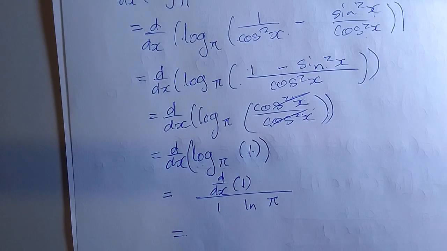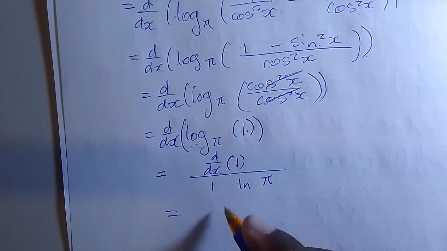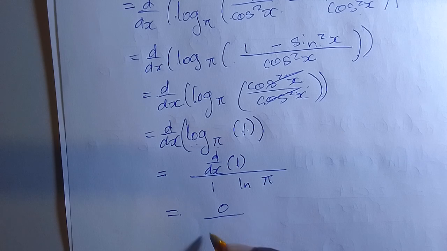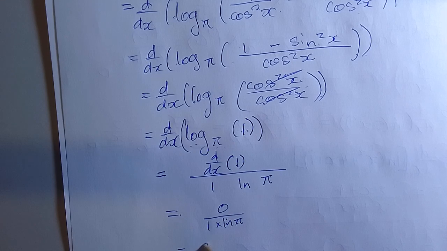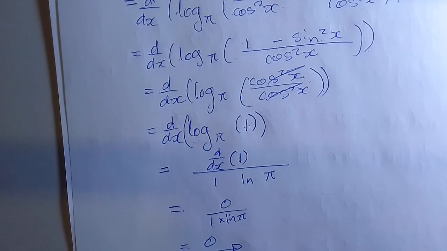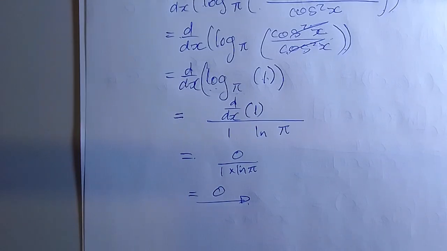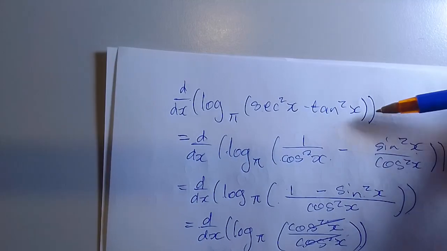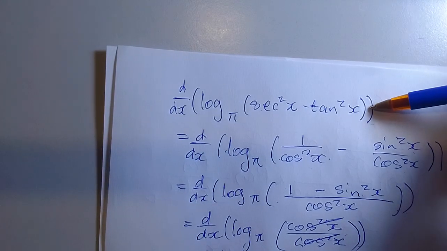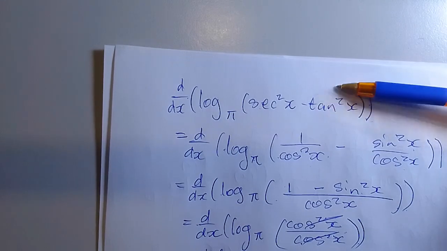Now we are sure that the derivative of 1 is in fact 0. 0 over 1 times ln pi. Now 0 divided by anything is just 0. So that's your answer. So the derivative of this is actually just 0. The whole function is a constant.